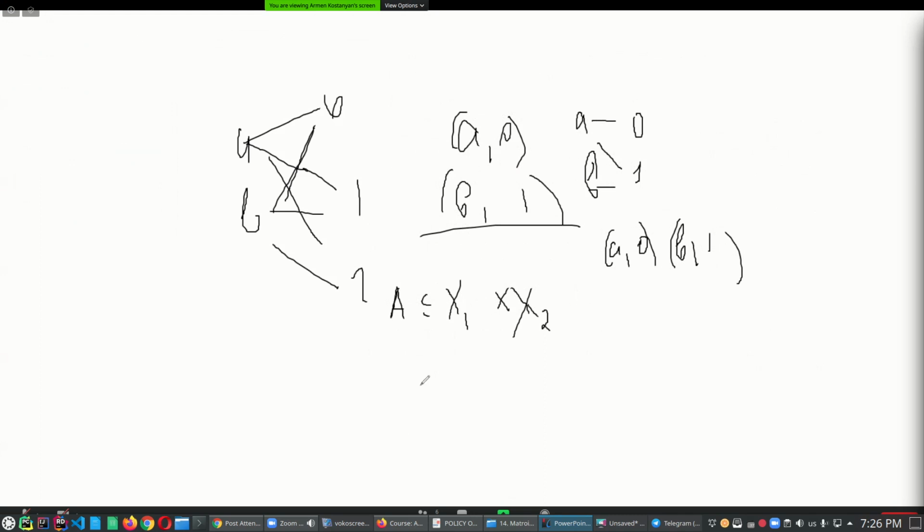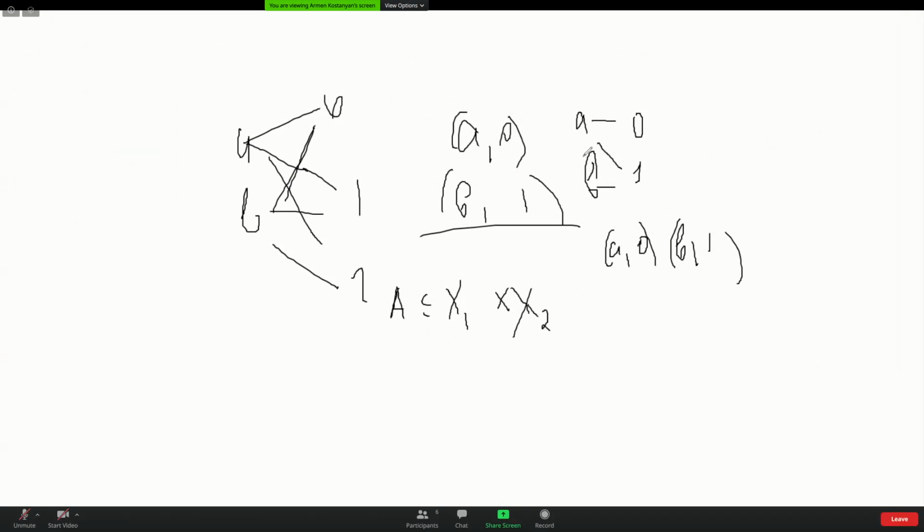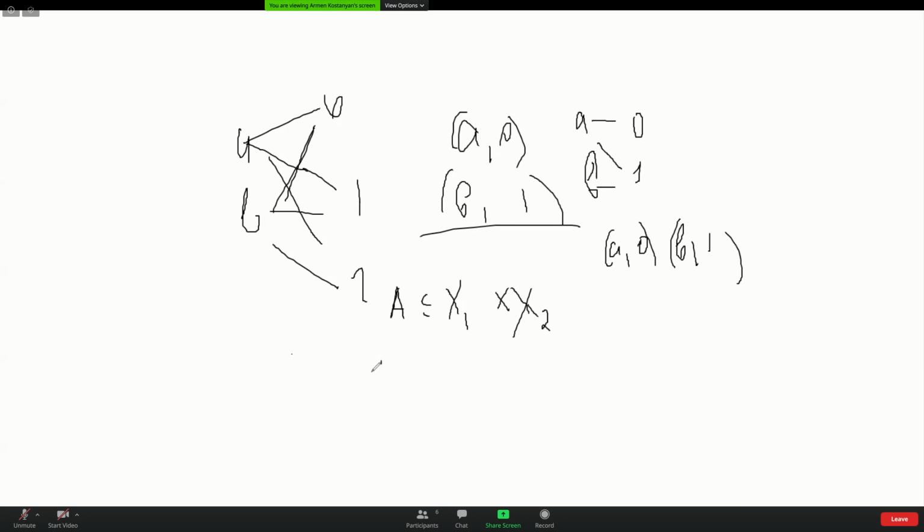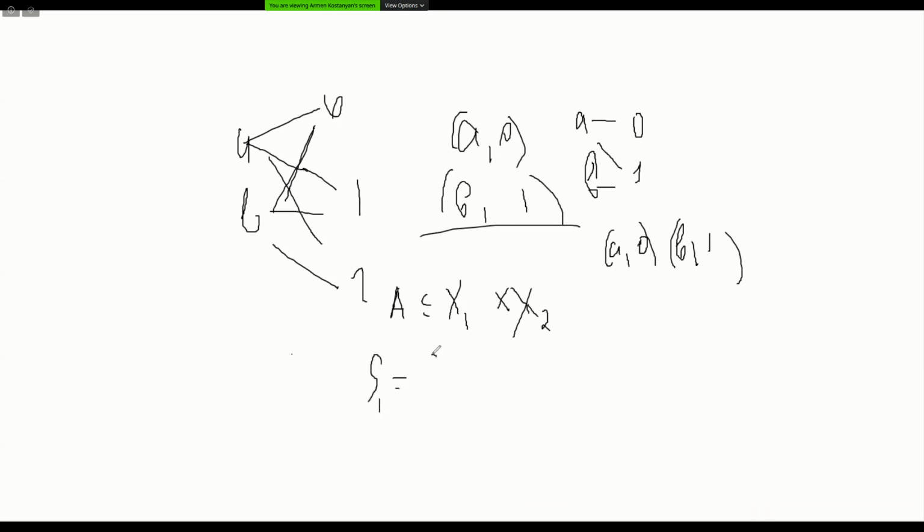Let's define the first matroid to be all subsets of A and B, and the second matroid to be all subsets of 0 and 1. After that, we have, for example, the set A and B multiplied by 0 and 1. Suppose S1 is A and B, S2 is 0 and 1.